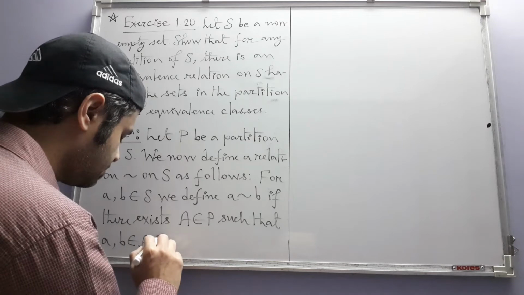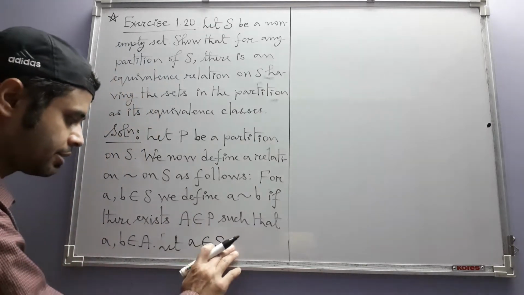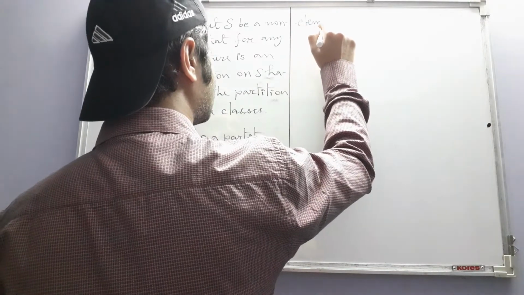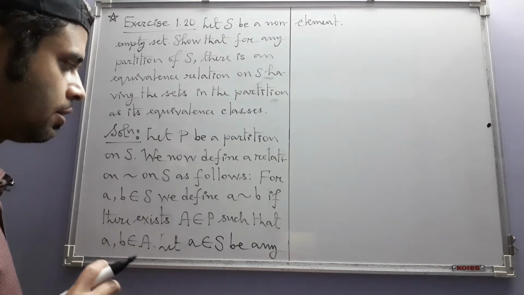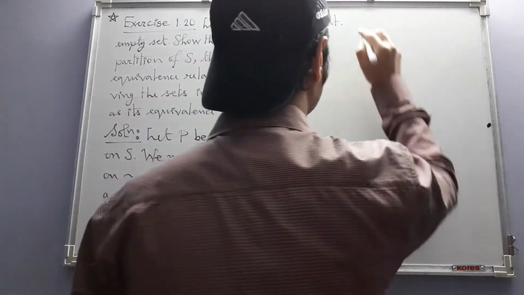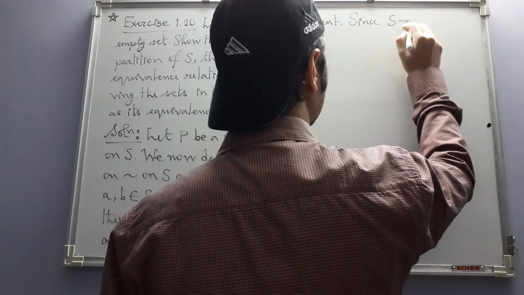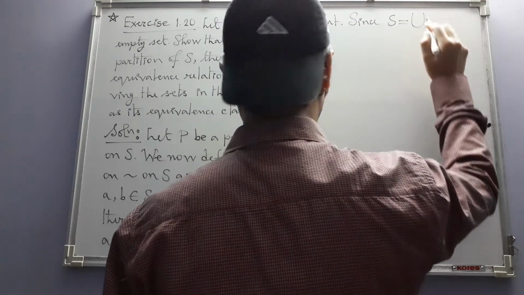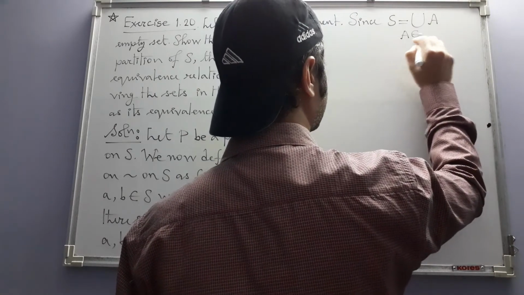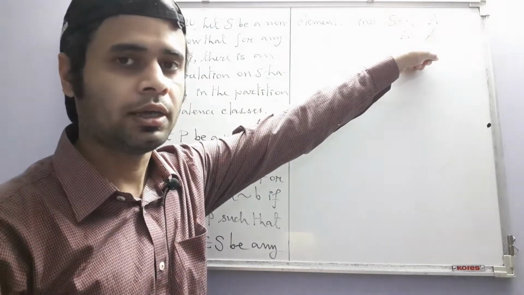Now the next job is to show that this is an equivalence relation on S. So first, reflexivity. So let a be any element in S. Now because the sets in the partition unite to give us the entire set S, that is, since S is equal to the union of all the sets, we can call the general set in P also A. Because of this, the element a in S will belong to at least one A here.